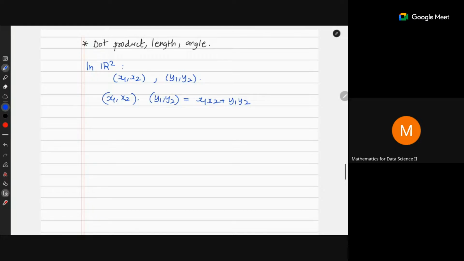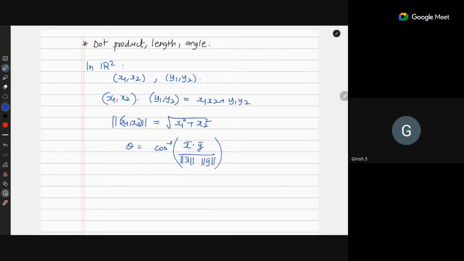The length of any vector is defined to be the square root of x1 square plus x2 square, and the angle is given by the cos inverse of the dot product of vectors x and y divided by their norms. Sorry, the dot product is x1 y1 plus x2 y2. Yeah. Okay.